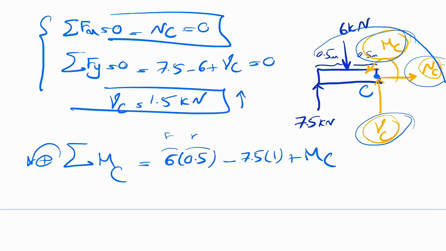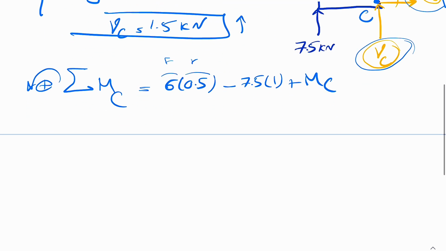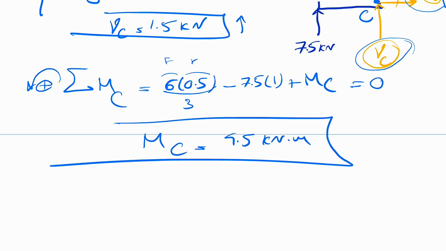And we have MC, which we assume is counterclockwise. So let's see what we get. And this will also be equal to 0, again because of the equilibrium. So the moment will be negative 3 minus 7.5, that is negative 4.5, and it goes to the other side of the equation. It will be positive 4.5 kilonewton meter.